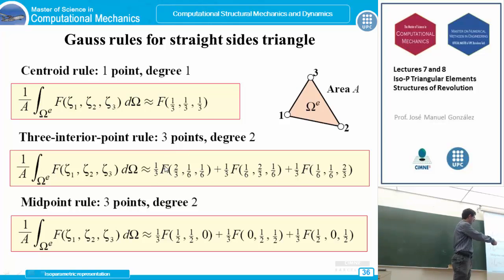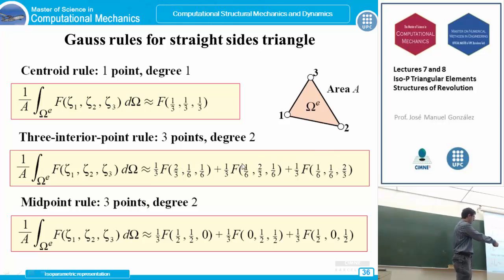The expression for the numerical integration for this function f is 1/3 of the function placed at these 3 points characterized by the natural coordinates 2/3, 1/6, and 1/6, and this weight 1/3 for all the 3 terms.